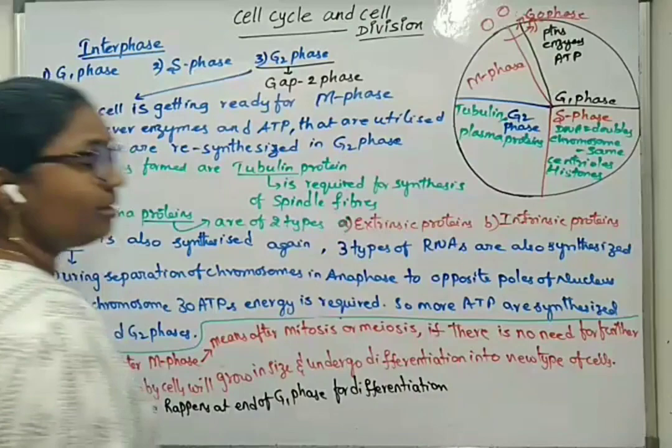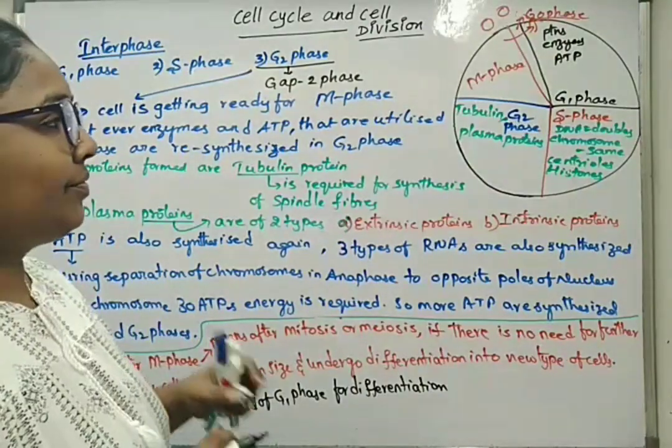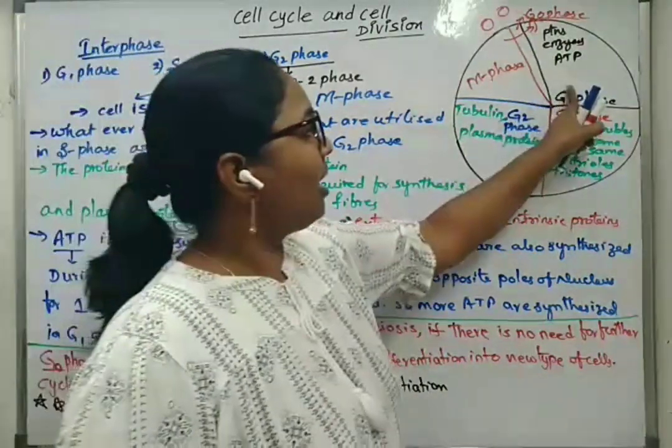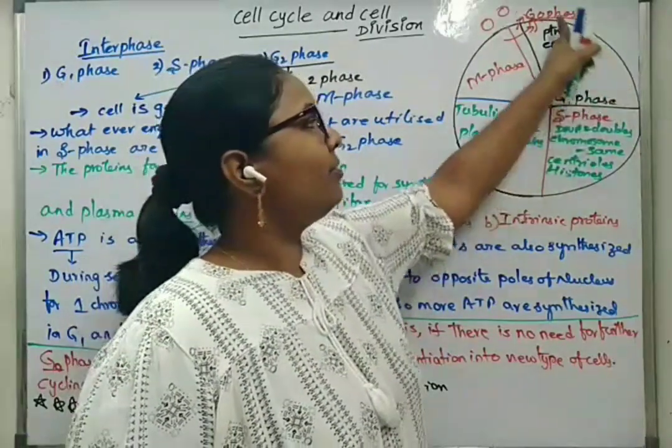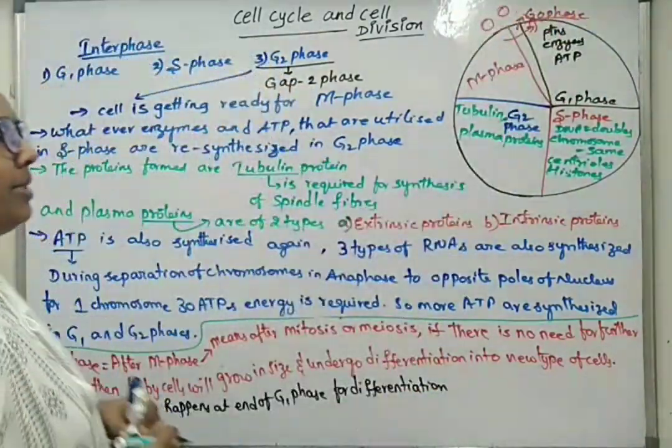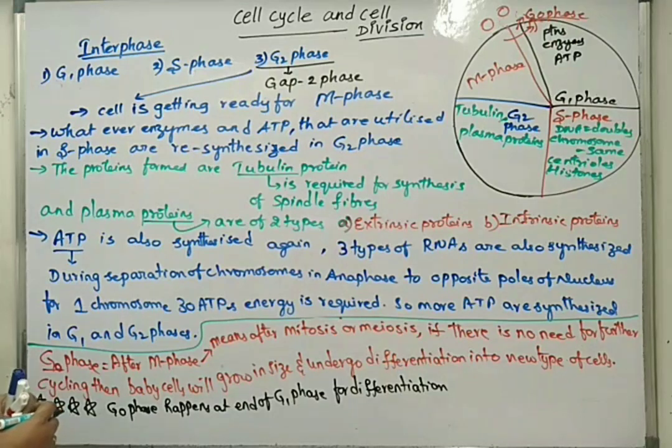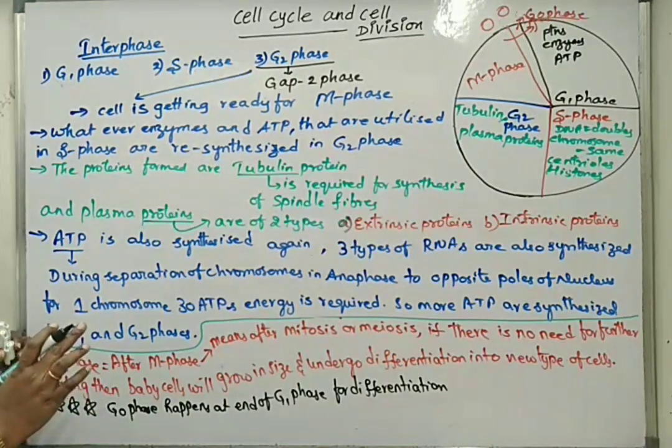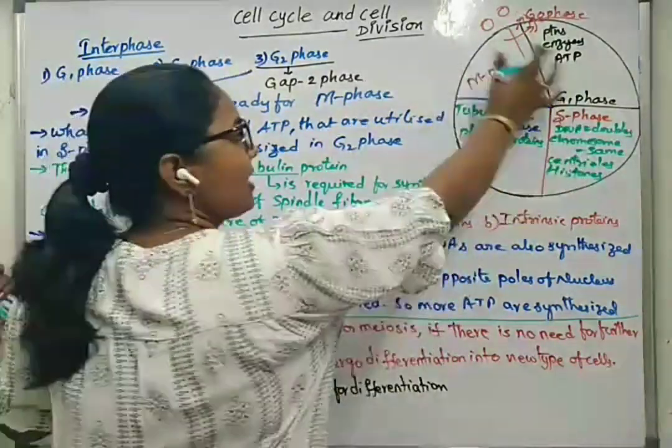If the question has come, what is the phase that is giving rise to G0? After G1 phase or during half of G1 phase, the cell can move into G0 phase or resting phase, where the cells will get differentiated, but they are not undergoing further cycling process.